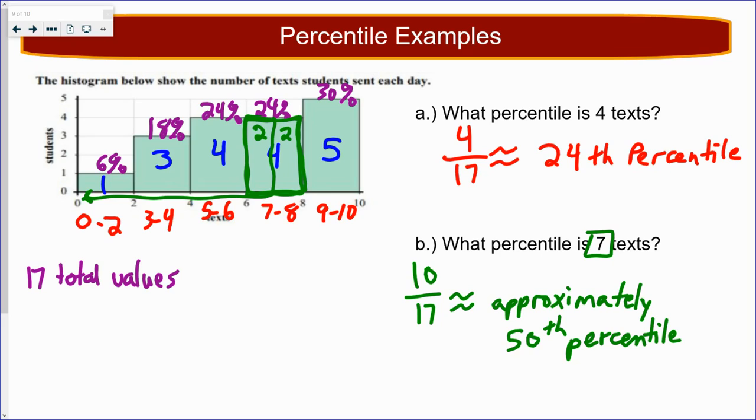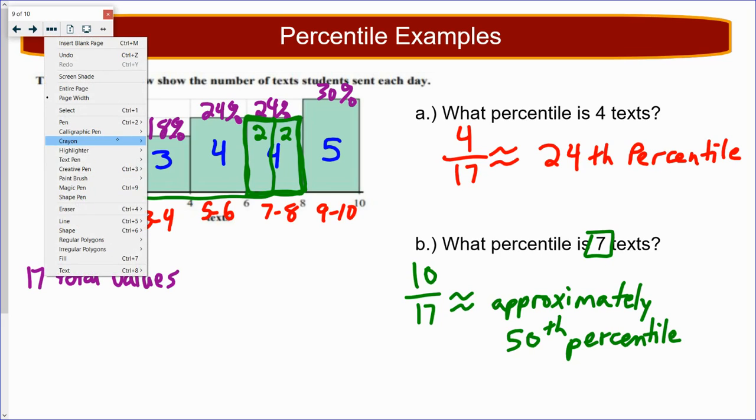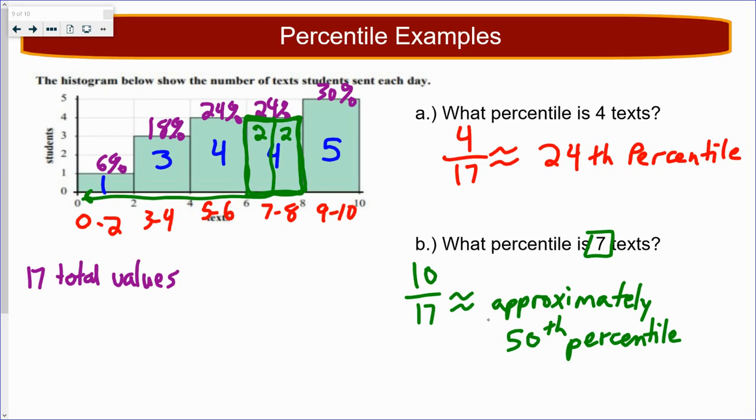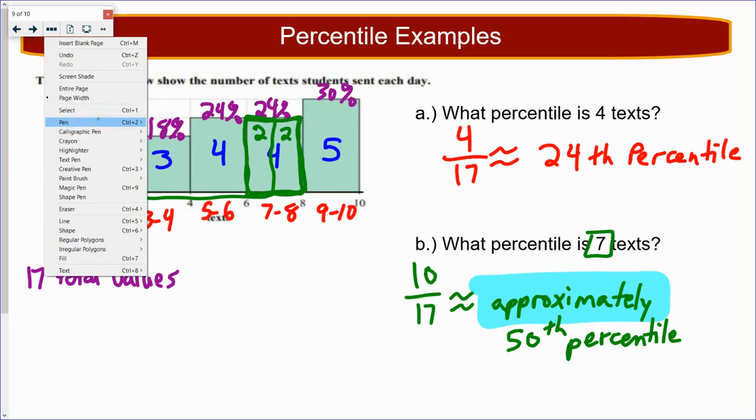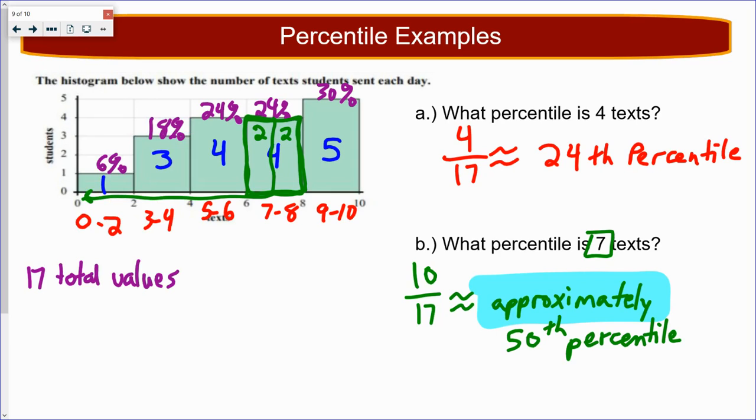And again, it is really important that you note that this is approximate. When we have a value that is not clearly able to count how many are at or below, when we have a frequency table or a histogram where we're just given how many are in that range, you need to make sure that you are letting your teacher know, letting your audience know that it is approximate, because we don't know for sure.